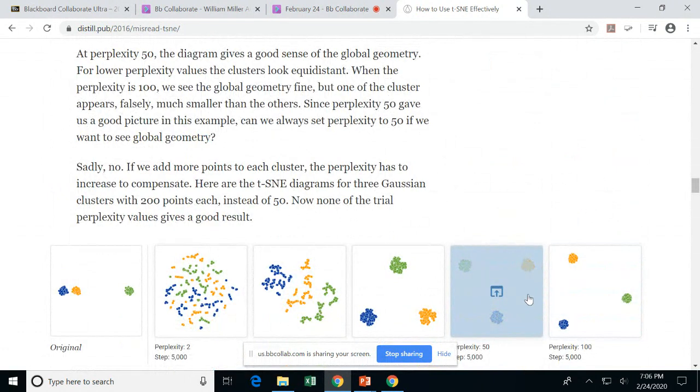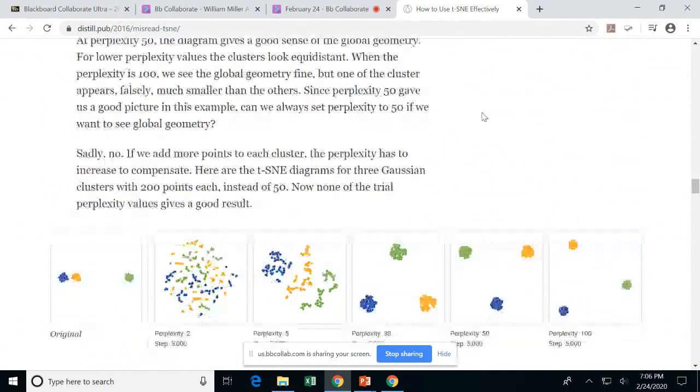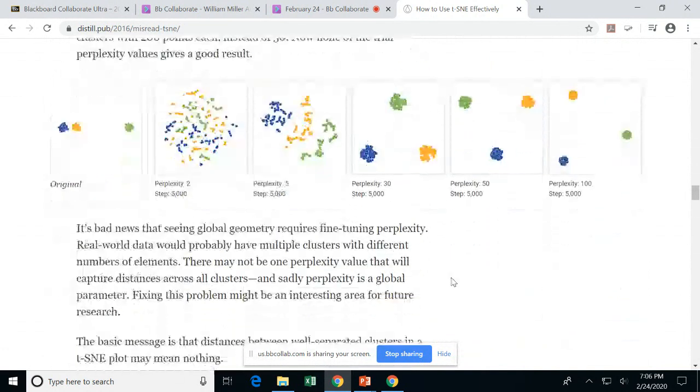Look, this one is almost completely equally spaced if they add more points to the cluster. So on this one, no perplexity gives any meaningful representation of the distance. You don't see that the green one, in reality, is further away from the others. And if this were a multidimensional space, you wouldn't be able to tell that immediately. But the projection would not give you that.